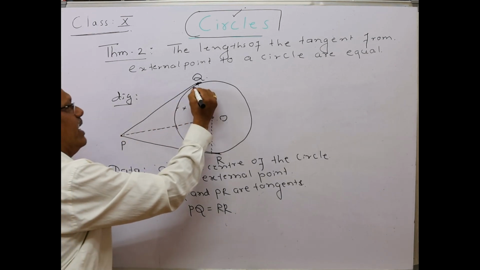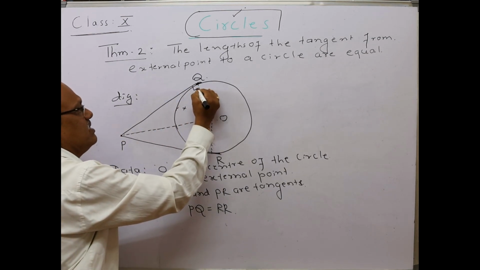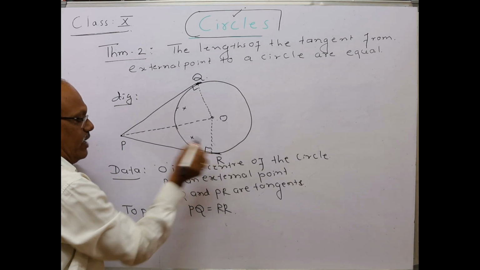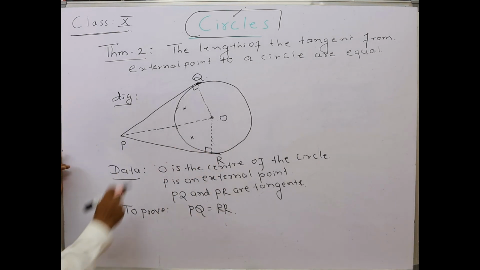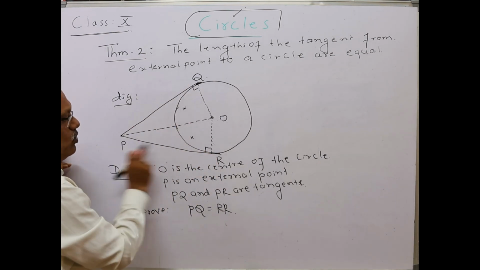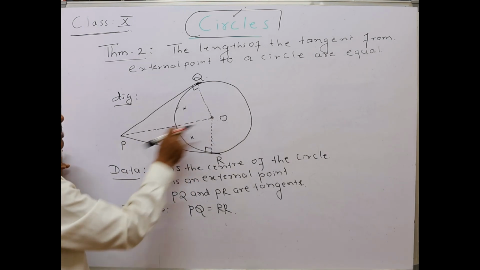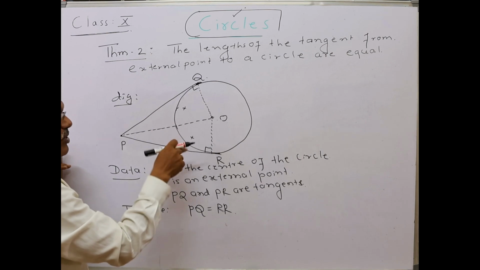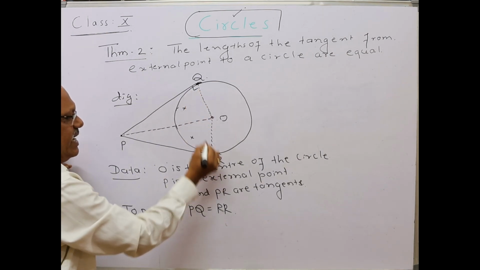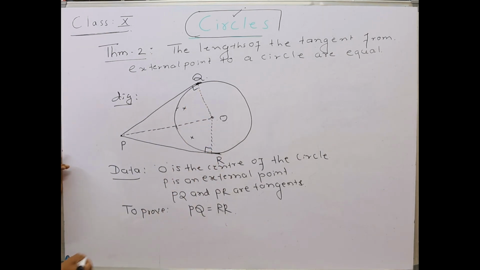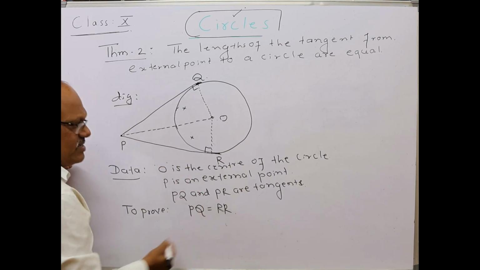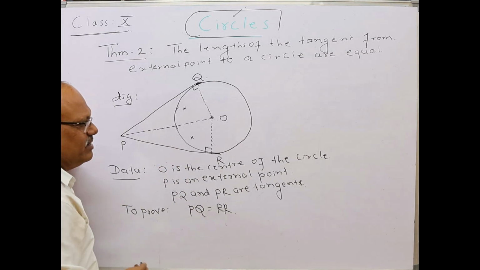2 triangles, and already you studied from the first theorem that this is a right angle and this is a right angle. Try to understand my plan. Our aim is to prove that PQ is equal to PR. If I join this OP, observe there are 2 right-angled triangles because this angle is 90 degrees, this angle is 90 degrees. You can prove it by using RHS, right angle hypotenuse side.